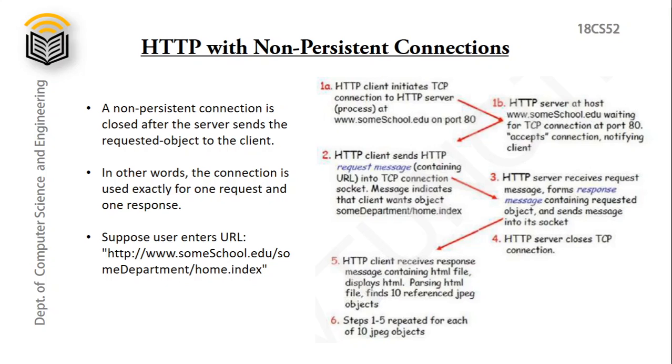Then the HTTP client receives the response message containing the HTML file and displays the HTML with 10 referenced image objects. As this is non-persistent, these steps are repeated for the rest of the 10 objects. So this is how HTTP works with a non-persistent HTTP connection.